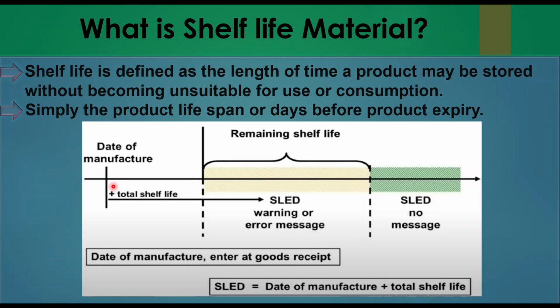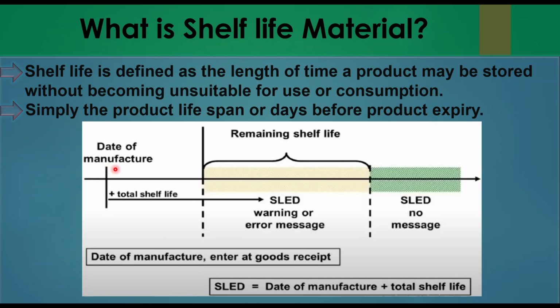In industries, when companies receive some product, they check its remaining shelf life. Once a manufacturer manufactures the product, they send it to the required company, and at the time of goods receipt, companies always check its remaining shelf life.